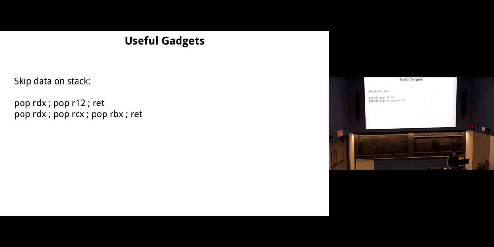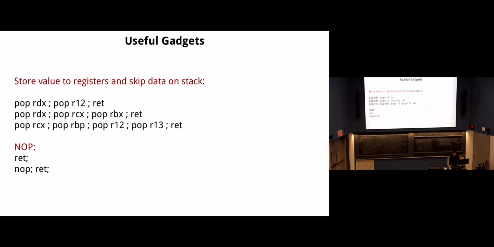Some useful gadgets: for example, if you just want to skip some data on a stack, you just have some pop, just like what we saw just now. We did a pop r15 there. We couldn't find the gadgets we're looking for. Then we just have another pop. Then we just put some garbage on the stack. It works. So that's one example.